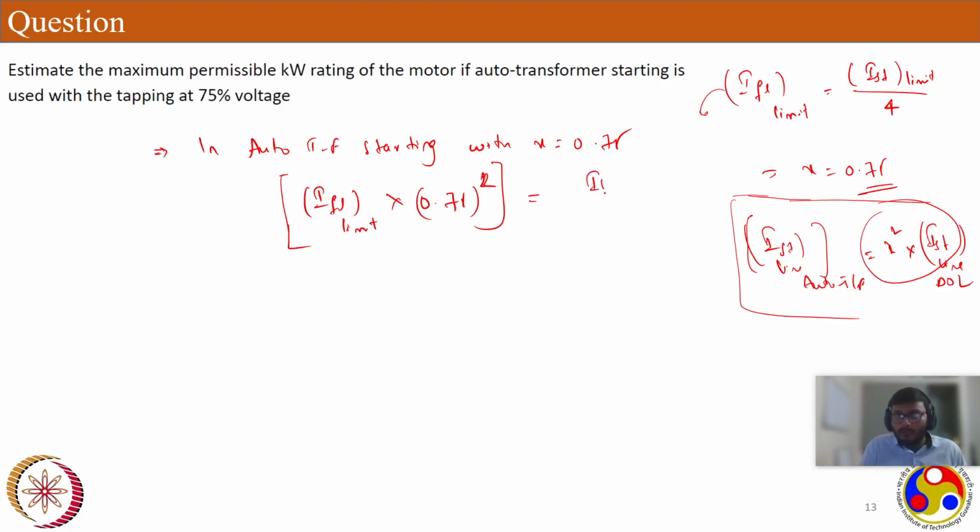So this will be equal to I starting limit divided by 4. By using this 0.75 setting, we are actually reducing the burden on the starting current.